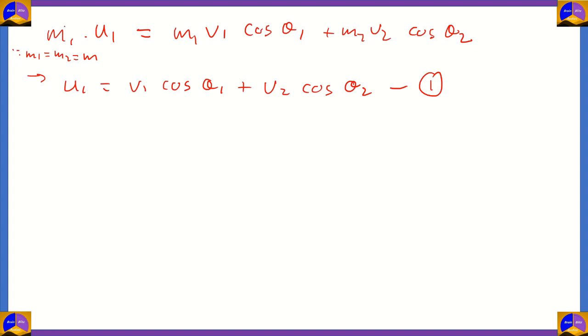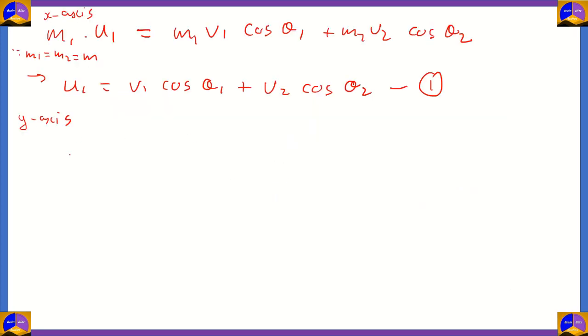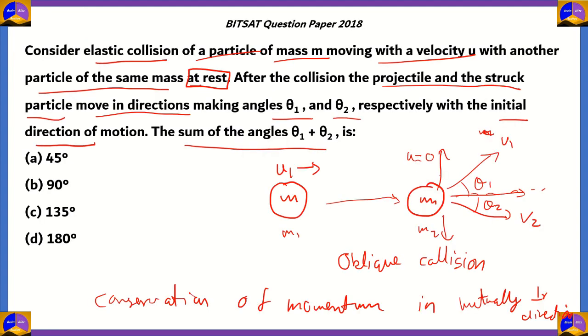Now, if we take along the y-axis, you notice that earlier the mass was moving only along the horizontal component, so the vertical component was 0 for both particles. So therefore, the left-hand side has to be 0. So the right-hand side here has v1 sine theta 1 and v2 sine theta 2 for both masses.